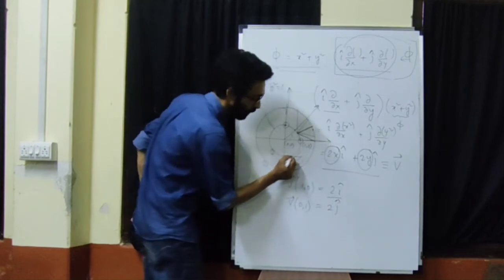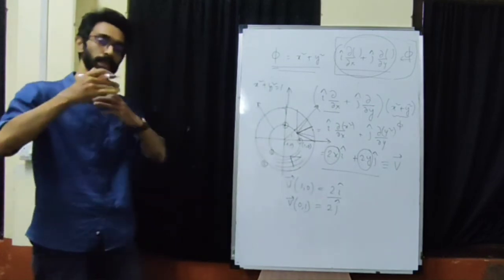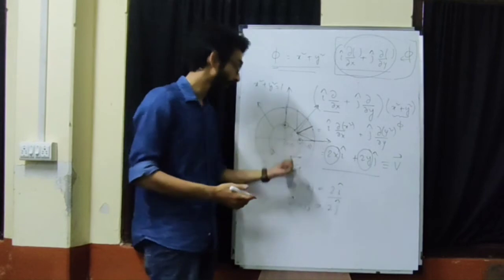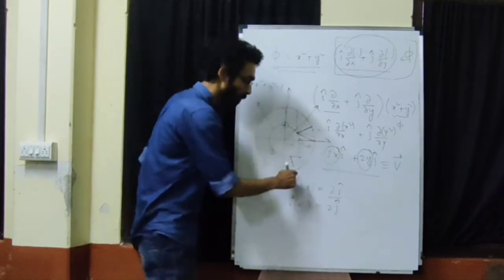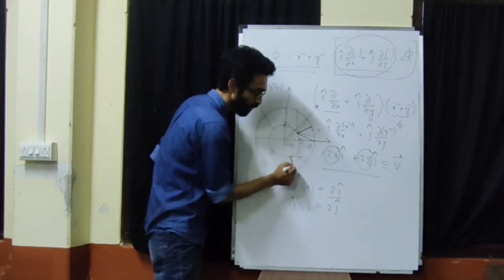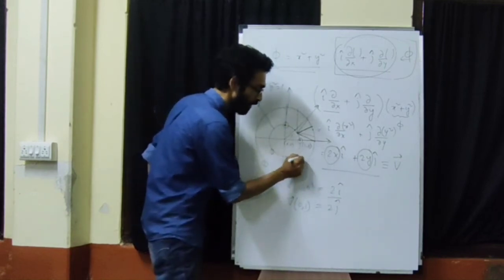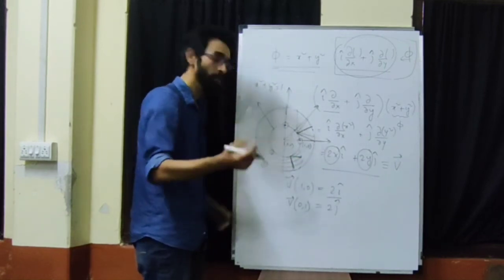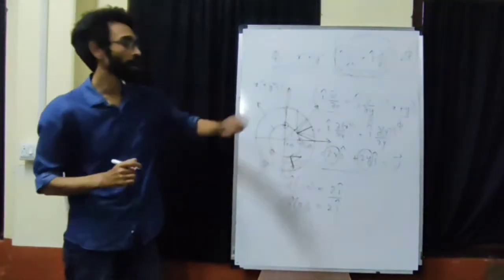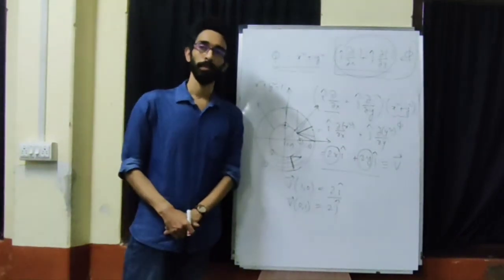If I move 2 centimeters in this direction and 2 centimeters in this direction, the number of circles I can cross will depend on the direction of my movement. If I move perpendicular to this surface, I will cross the maximum number of level surfaces, so the rate of change will be maximum. If I cross in any other direction, the rate of change will be less than that. So these are the properties of this vector, and this vector, or this operator, is what we know as the gradient of a scalar field.